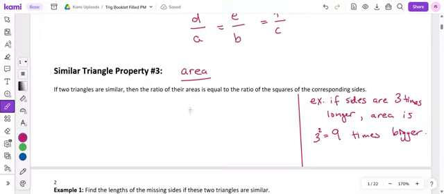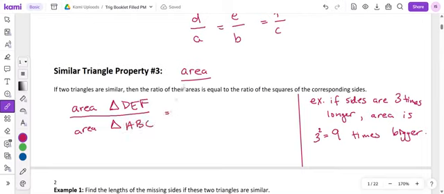So let's put that down in like formal writing. So if I have the area of triangle DEF and I compare it to the area of triangle ABC, this is going to look weird. I know this might not make sense. When we put numbers to it, it will make better sense.